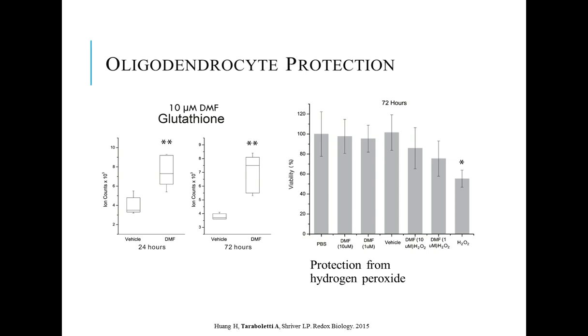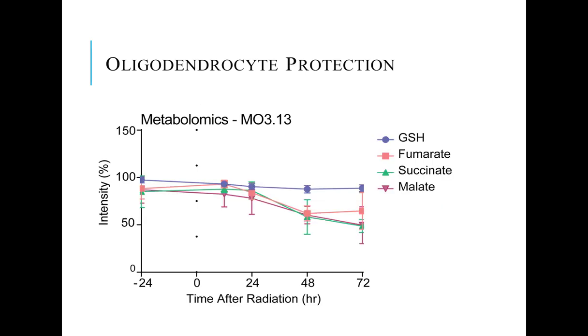We then moved, of course, to look at radiation, now that we had an idea that using metabolomics in the cell line, we could see protection. And over time, there was an initial boost, again, in fumarate, succinate, and malate from the drug dimethyl fumarate when we used pretreatment, but it decreased generally after radiation.